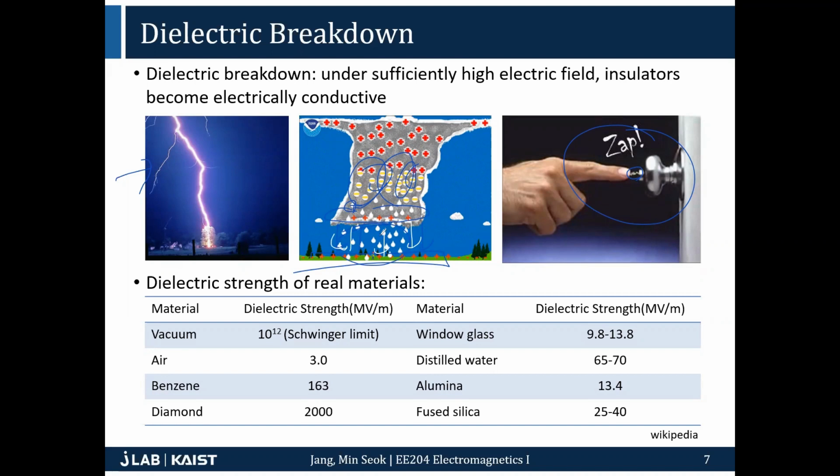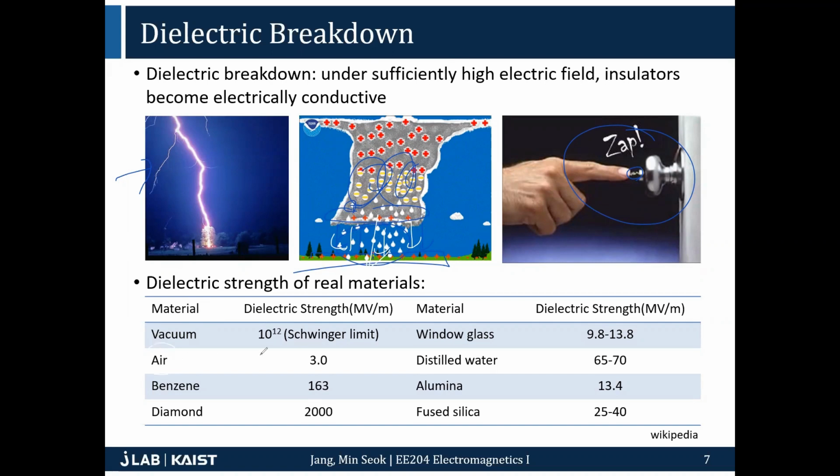And when this electric field becomes higher than a certain value, all of a sudden current flows, and that's lightning. And that's the famous example of a dielectric breakdown.